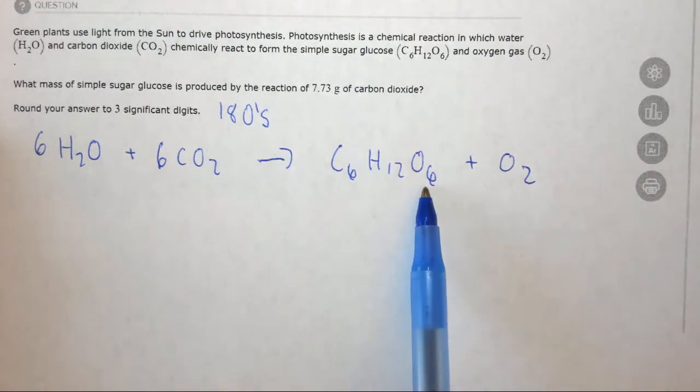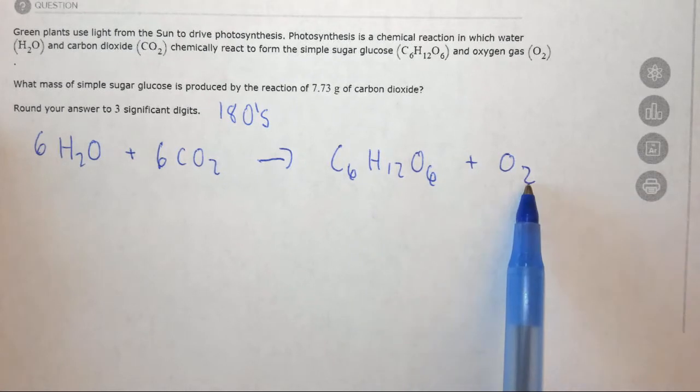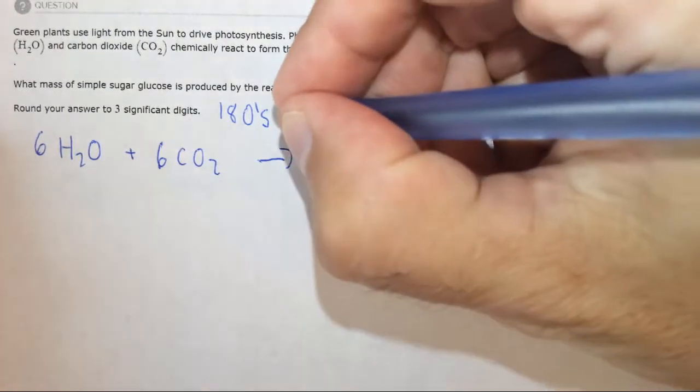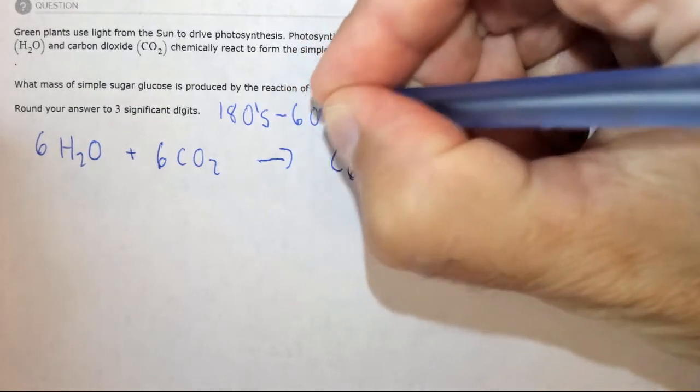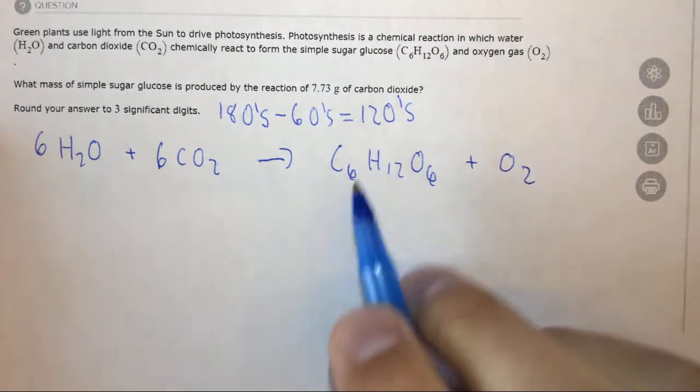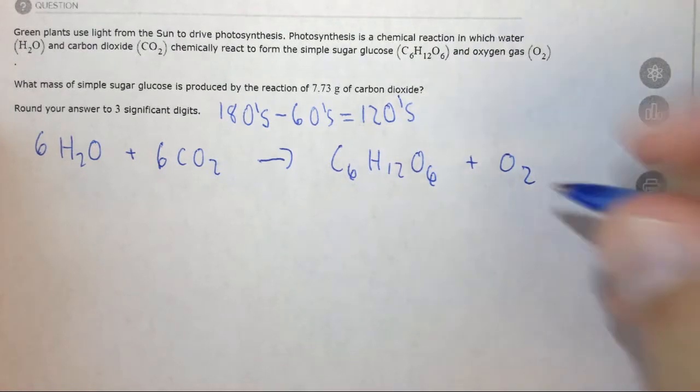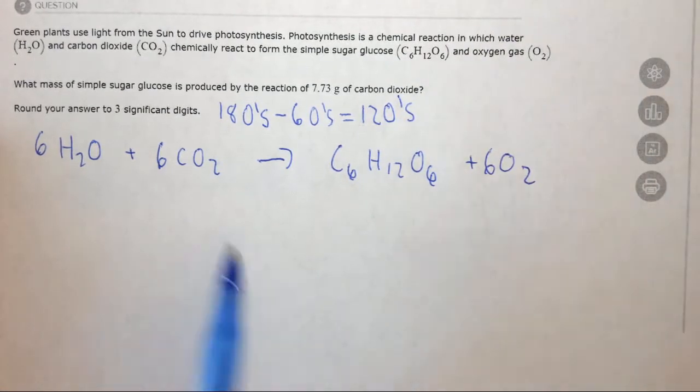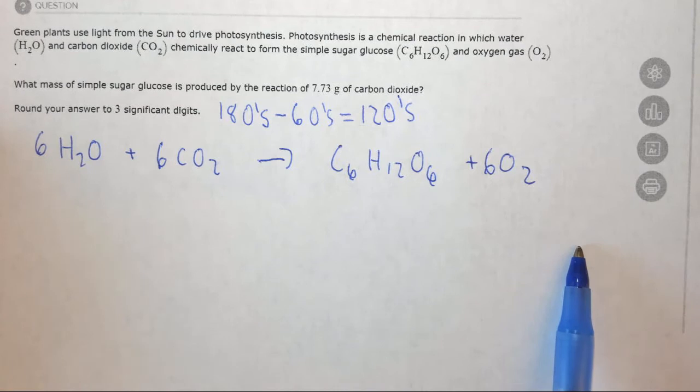However, on the product side, there are already 6 oxygens in glucose. So now I need to figure out how many O2s there are. If I take 18 minus 6 oxygens that are already in glucose, that leaves me with 12 remaining oxygens. Since this is O2, I need 6 of them. I now have a balanced chemical equation.